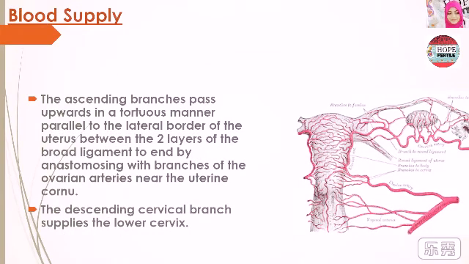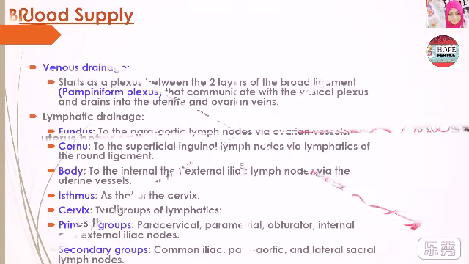The ascending branches pass upwards in a tortuous manner, parallel to the lateral border of the uterus between the two layers of the broad ligament, to end by anastomosing with the branches of the ovarian arteries near the uterine cornu. The descending cervical branch supplies the lower cervix.